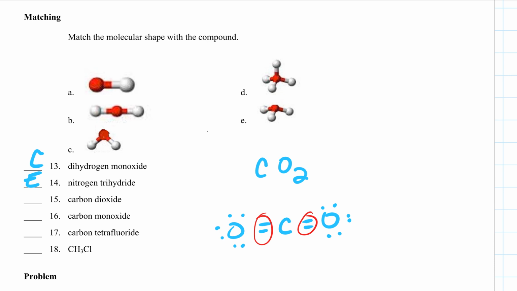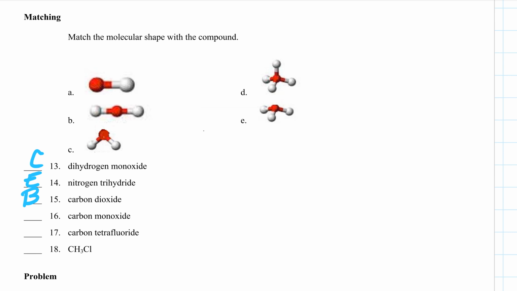And that's going to give us a linear shape, and that would be shape B here. Carbon monoxide, CO. All right. Lewis structure is going to look like this. Okay, so that is going to look like A.